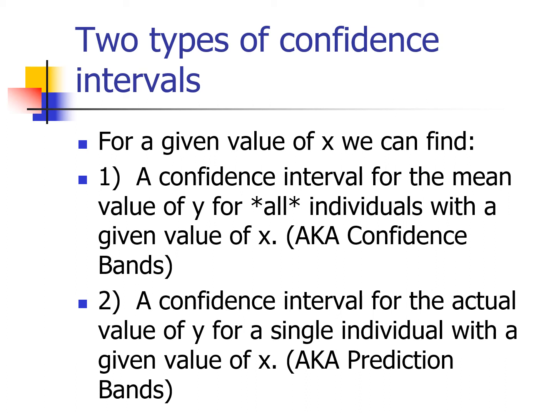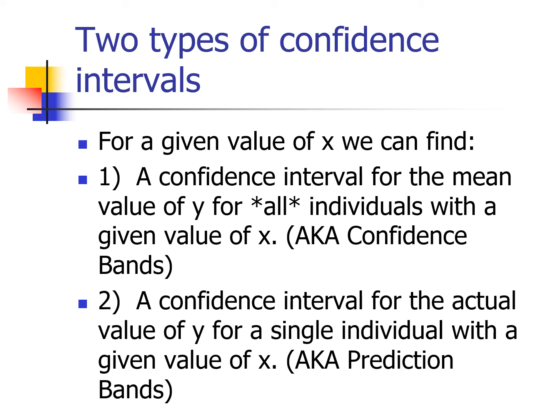This is called a confidence band or a confidence interval for the mean. We could also find a confidence interval for the actual value of y for a single individual with a given value of x.